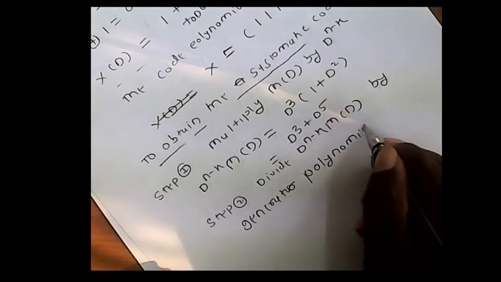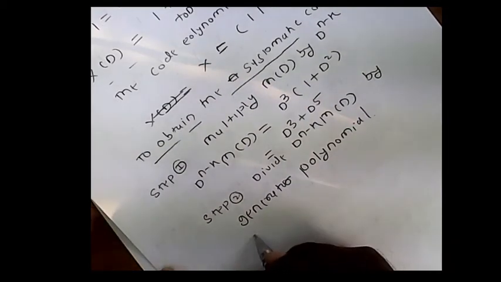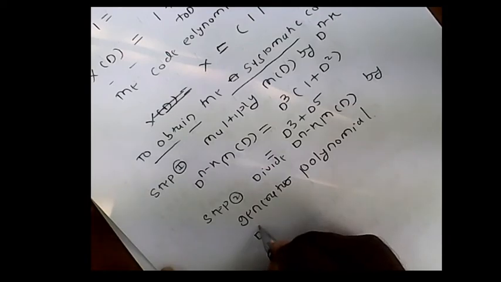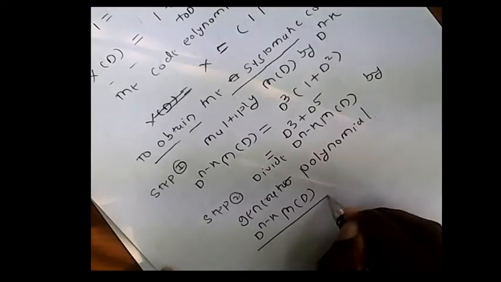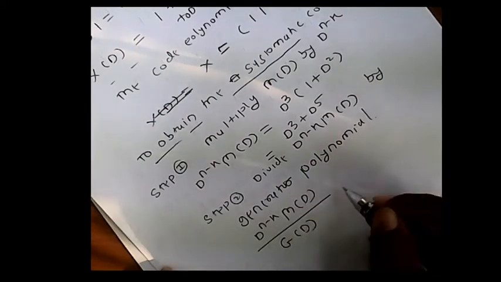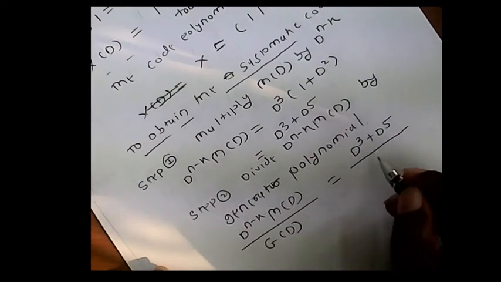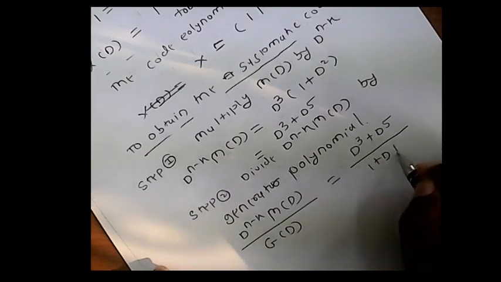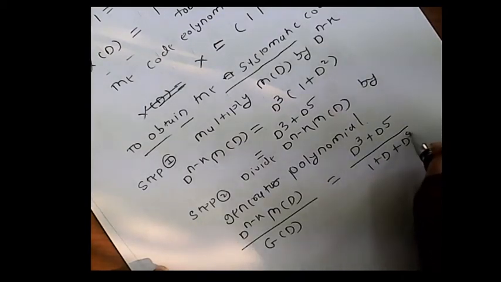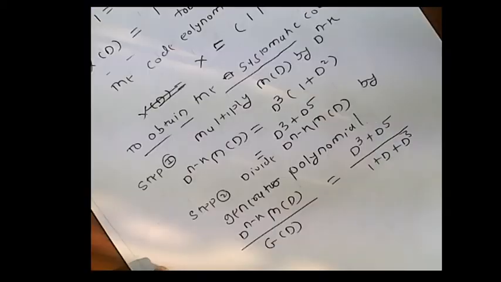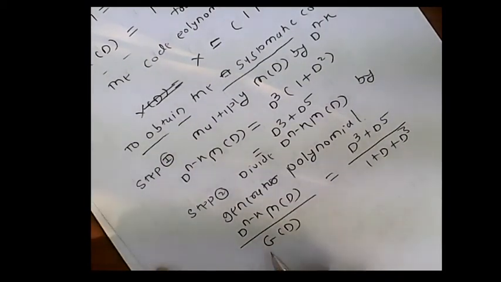These steps were already seen in lecture number 17 part 1. So d raised to n minus k times m of d is divided by the generator polynomial g of d, which is 1 plus d plus d cubed.